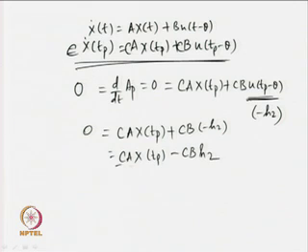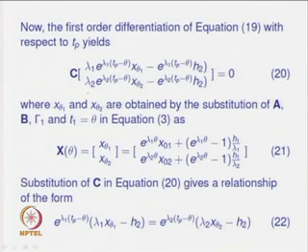Now, substitute C A and x Tp, C and B, and we get the expression for the first order differentiation of the output in the form of C times: the first element as lambda 1 e to the power lambda 1 (Tp minus theta) times x theta 1 minus e to the power lambda 1 (Tp minus theta) h 2, and the second element as lambda 2 e to the power lambda 2 (Tp minus theta) times x theta 2 minus e to the power lambda 2 (Tp minus theta) h 2, is equal to 0.